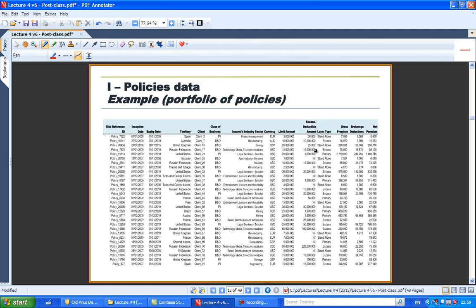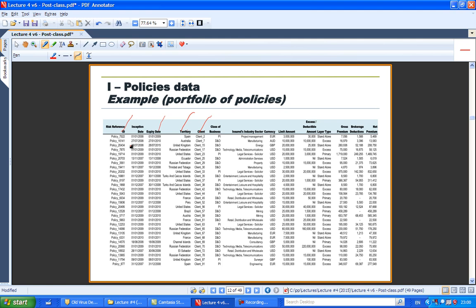This is an example of policy data for a portfolio of policies, and so you can see that you have roughly all the fields that I had mentioned before, starting from the policy ID, inception date, expiry date, the territory of the policy, the name of a client, and here this is real data that I had, of course, to anonymize.